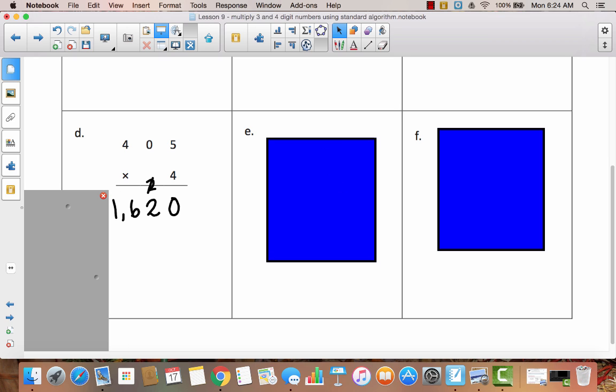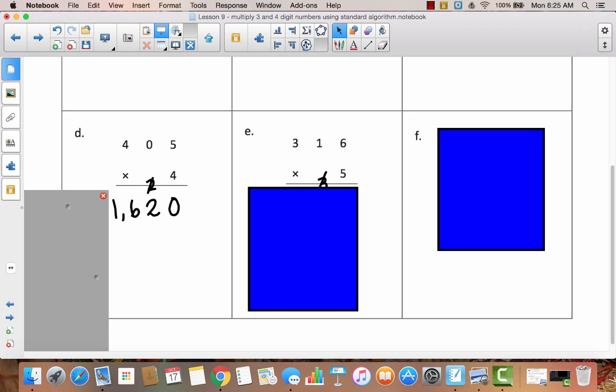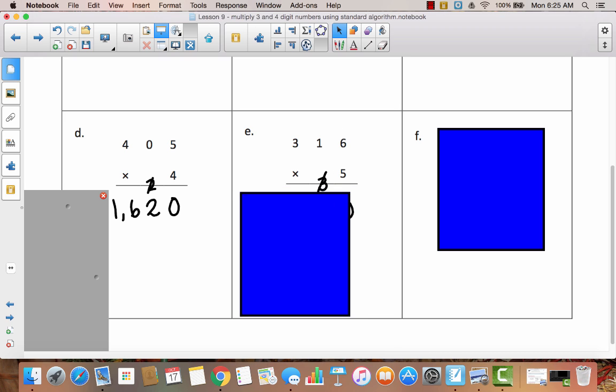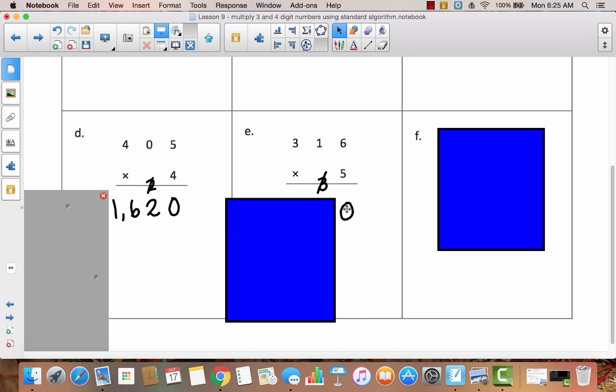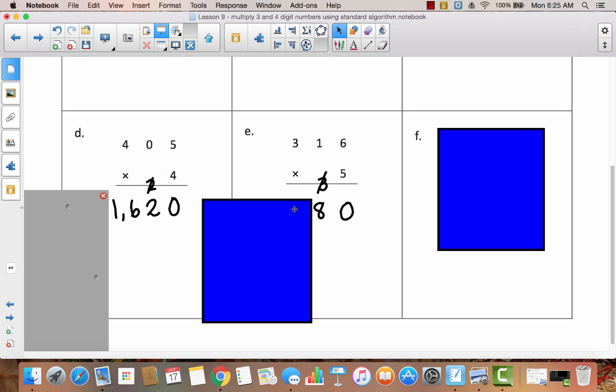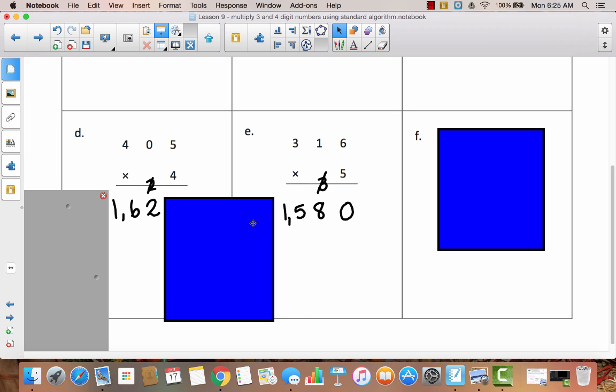All right, let's take a look at E. So I've got 6 ones times 5, which gives me 30 ones. 1 ten times 5 is 5 tens, plus 3 tens gives me 8 tens, and 3 hundredths times 5 gives me 15 hundredths.